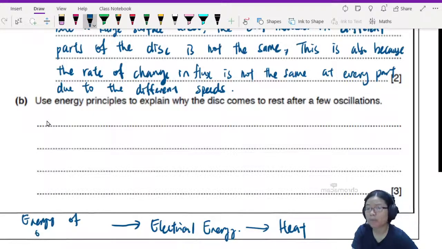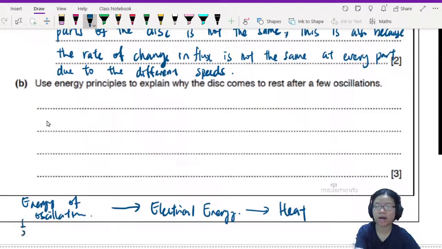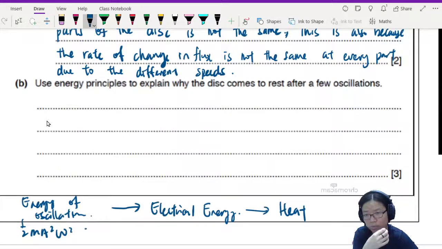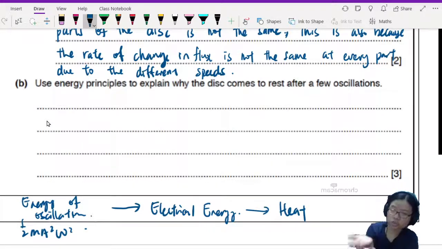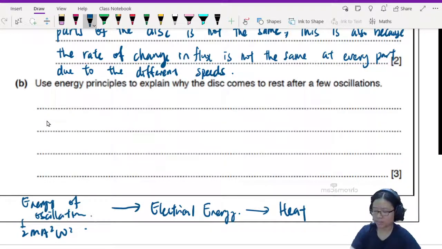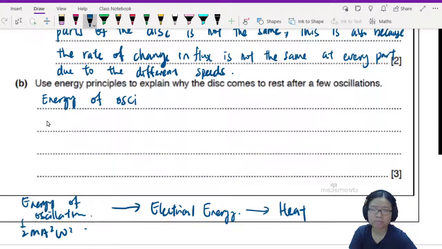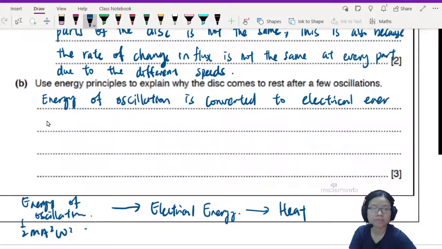So if you remember in your oscillation, the energy of oscillation here would be your half m a square omega square, which is a combination of kinetic energy of the disk plus the gravitational potential energy. So what we can say is that the energy of oscillation is converted or transferred to electrical energy of the eddy current.